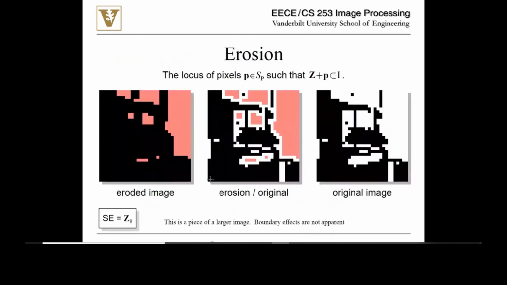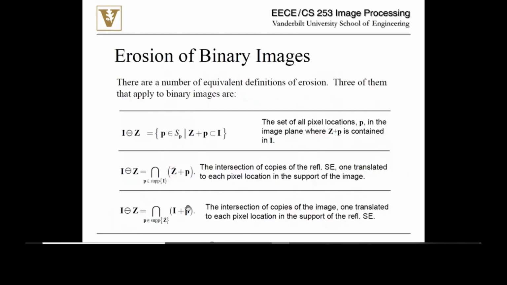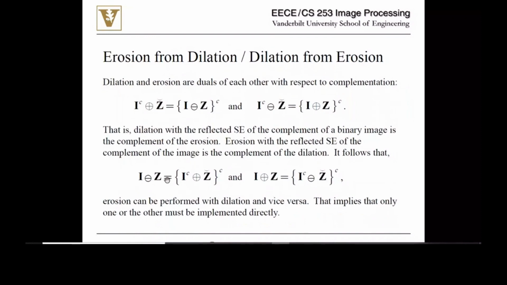We have given these three expressions for the erosion, but here you have another one that is based on the properties of the erosion. The erosion can also be computed as the complement of the image dilated by the reflected element.